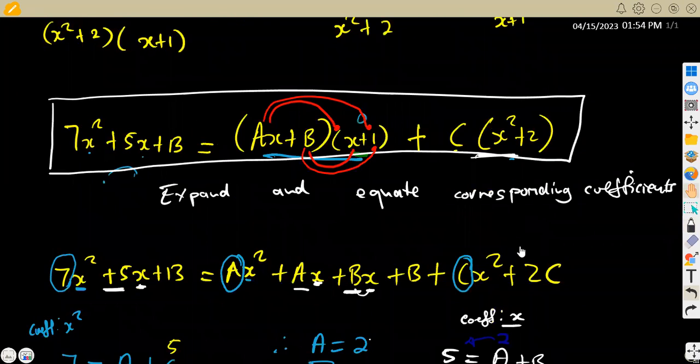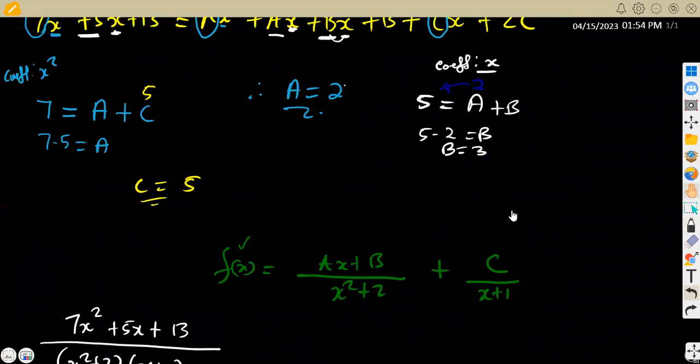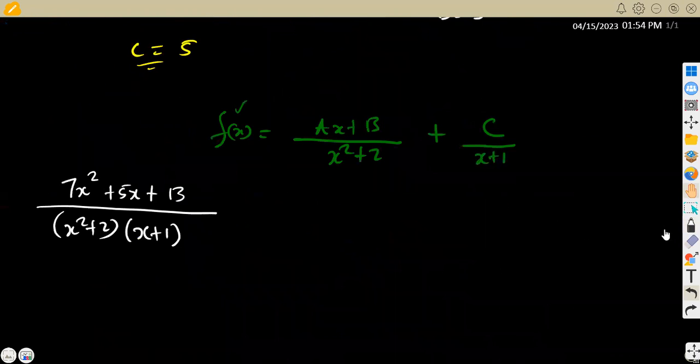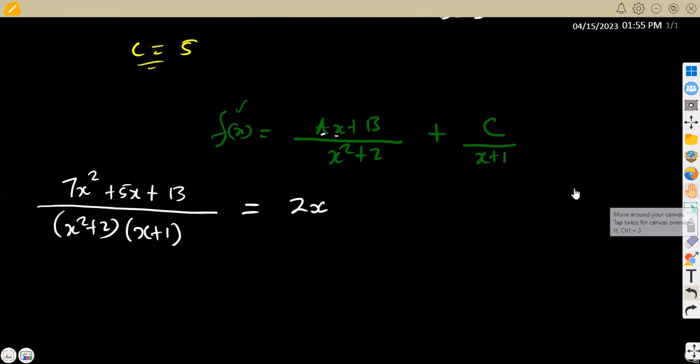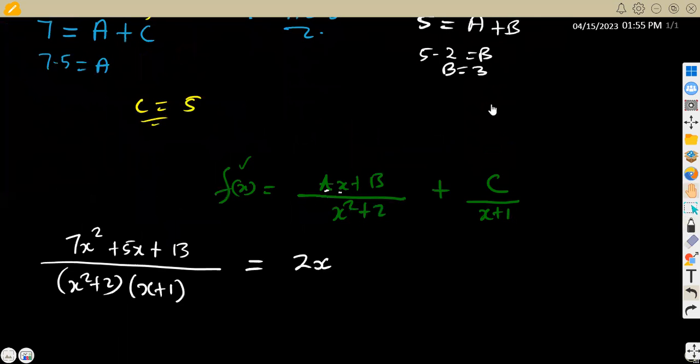So let's substitute our a. Our a in this case is 2. So ax is 2x, plus b, which is 3.